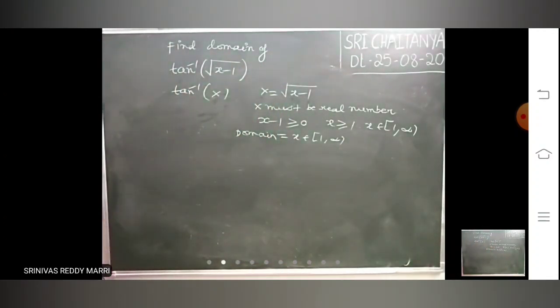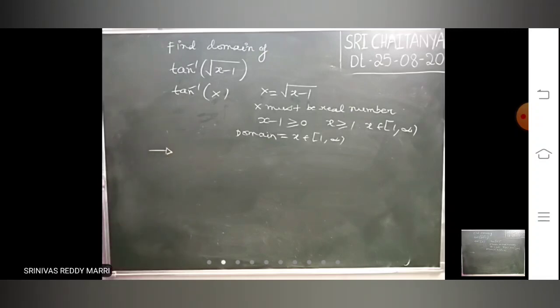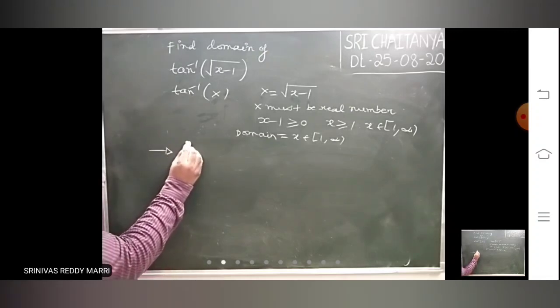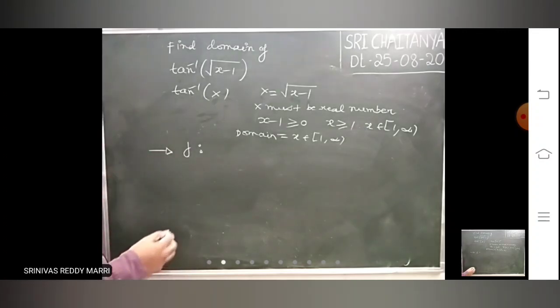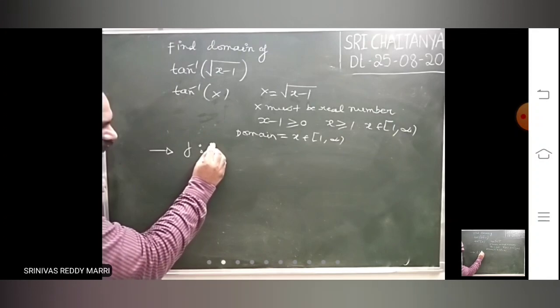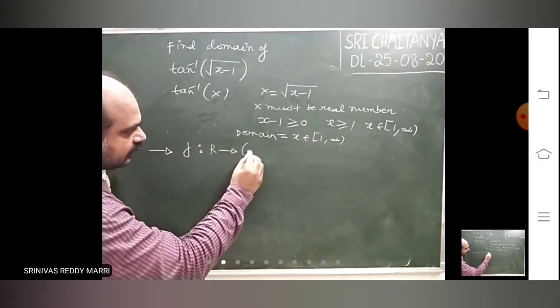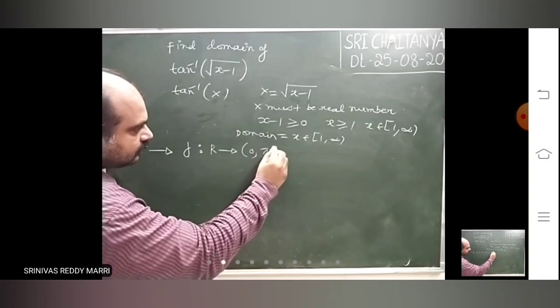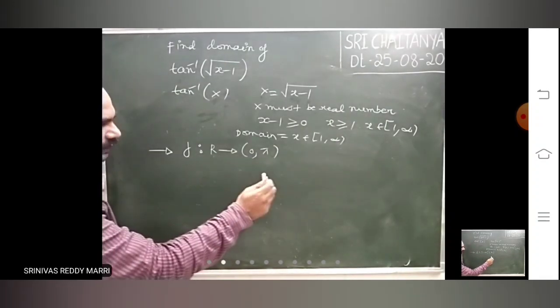Okay, next. Cot inverse x. These are definitions. You just have to remember domains and ranges. Right? Suppose I am defining one function from R to (0, pi).